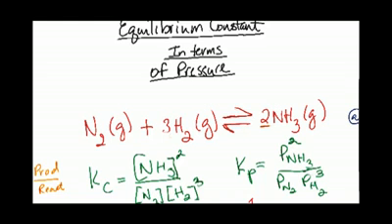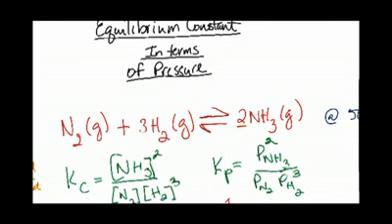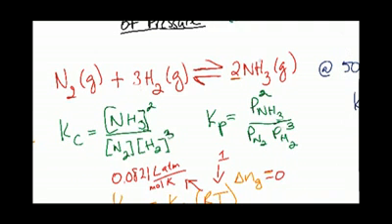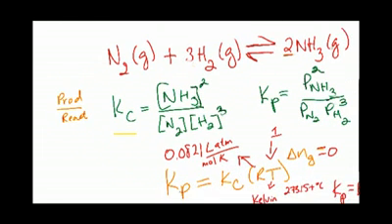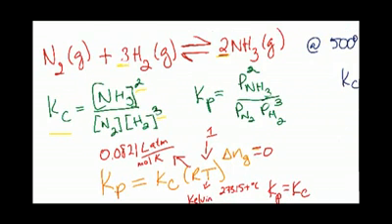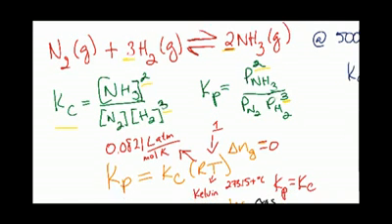Today we're going to be looking at equilibrium constants in terms of pressure and trying to convert that to the equilibrium constant in terms of concentration. So we've already established in the concept video that we could write the equilibrium constant either in terms of concentration as a ratio of products to reactants, with the coefficients being their exponents, or even as a ratio of partial pressures with the same relationship of coefficients and exponents.